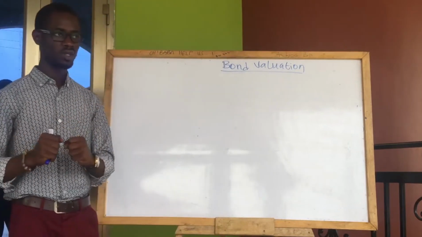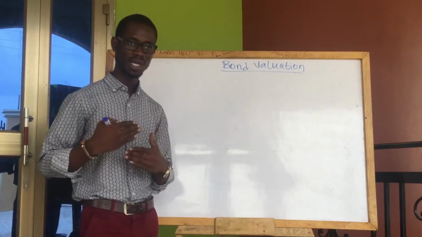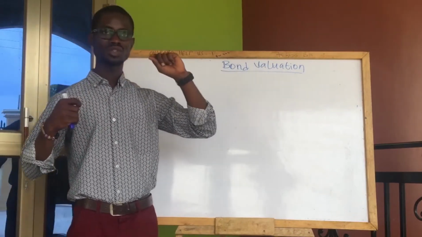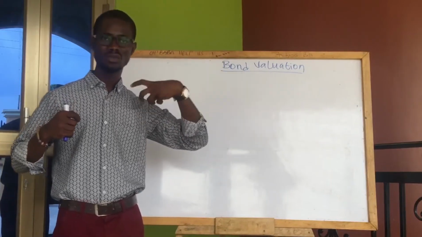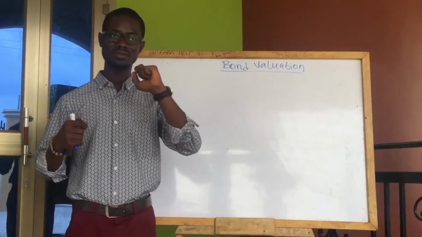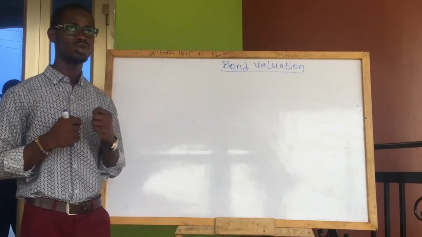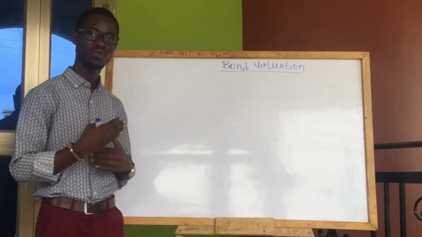When you say face value, it simply means that when I lend to the government, at the end of the maturity time, at the end of the year, how much am I going to receive from the person? That is face value. So you have to take all this into consideration when you want to value a bond.